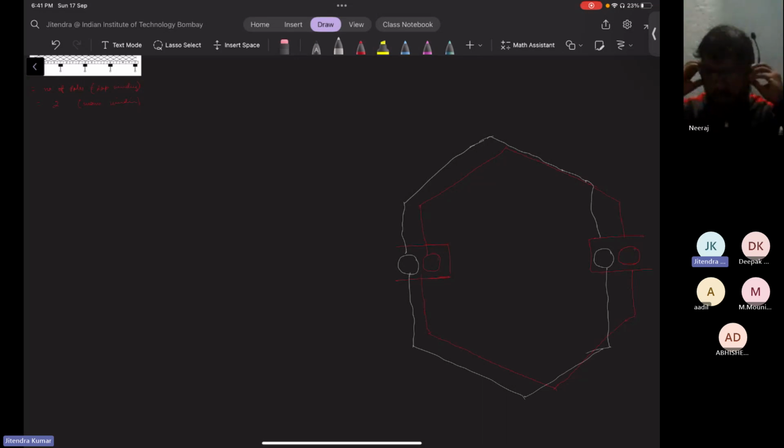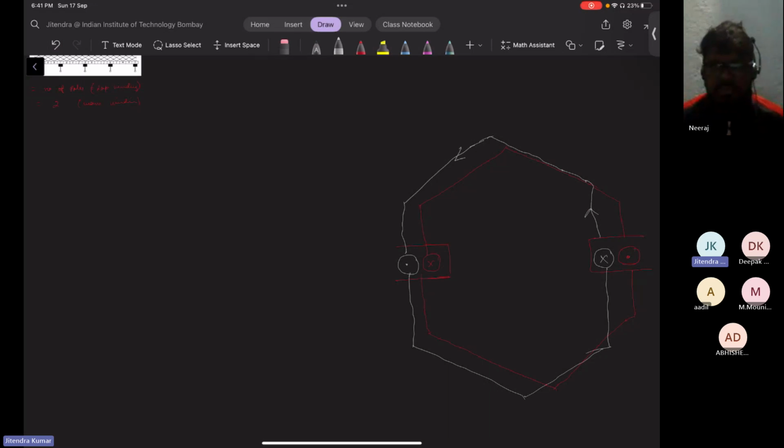So now, okay, dot cross, cross dot. Sir, cross means current is outward? Cross means current is inward. Dot means current is outward. Okay, so let me draw the direction also of the current in each coil.